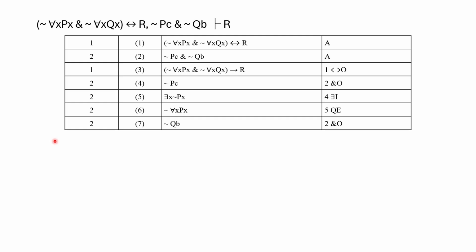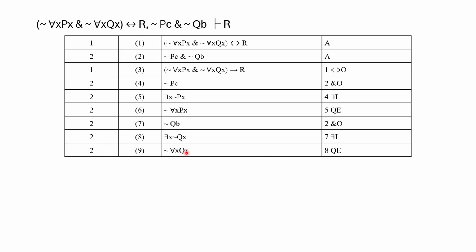Then I can do the same thing with the tilde QB. I can get the existential quantifier in to make EX tilde QX, and then I can use the quantifier exchange to move the tilde across. So from the inside to the outside, existential quantifier to universal quantifier, using the quantifier exchange rule.